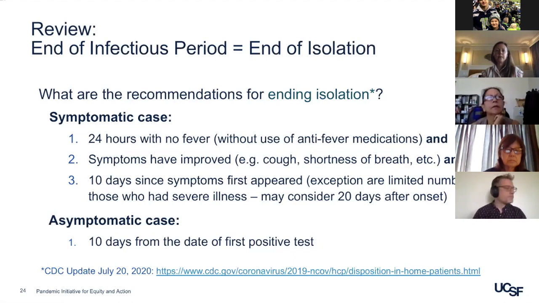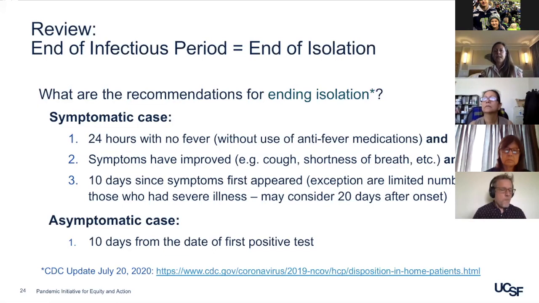But we have to remember that cases need to go first and foremost 24 hours with no fever, including while using no anti-fever medication, Tylenol, ibuprofen, etc., and improving symptoms. So there might be lingering cough, but that is okay so long as it is improving. If it's worsening, we would not want to end isolation.